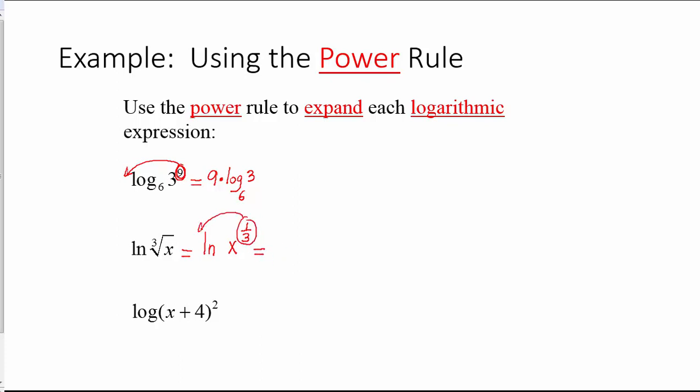Now this power jumps in front of the ln, which is base e. So you have 1/3 times ln of x. You could also write 1/3 log base e of x, but it would not look so elegant because log base e is called ln. So this we like better.